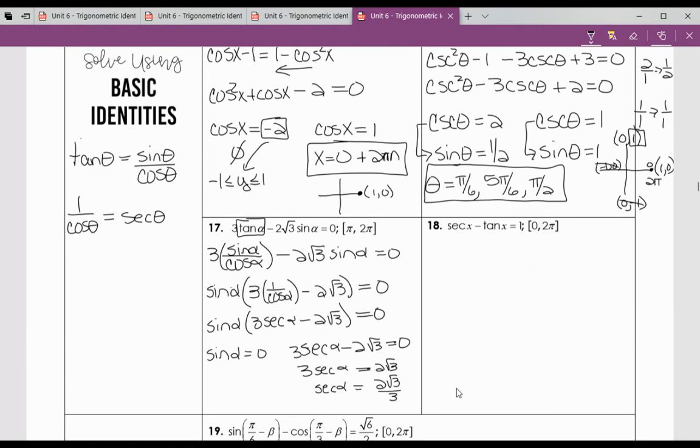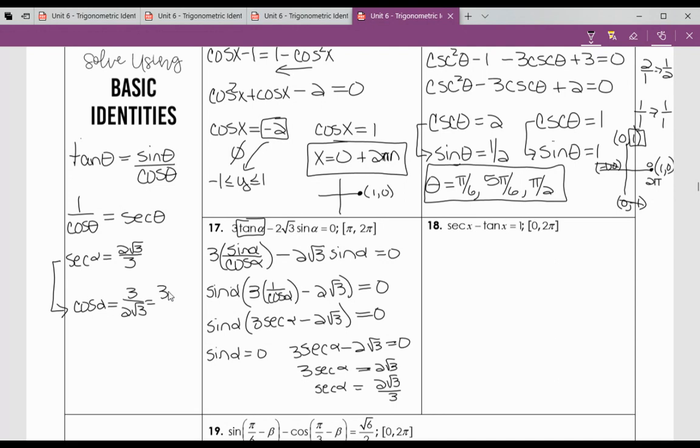Okay, so now I do not like secant. So what I'm going to do is take my secant alpha equals 2 square roots of 3 over 3 and change it to cosine. I am much more familiar with cosine than I am with secant. So that means I flip this fraction, so 3 over 2 square roots of 3.